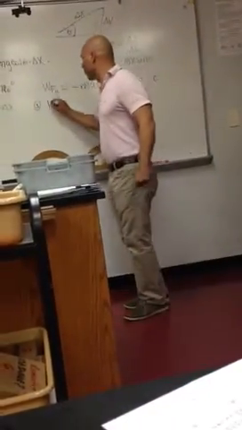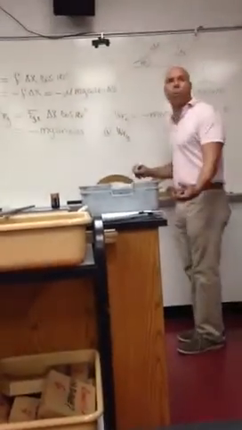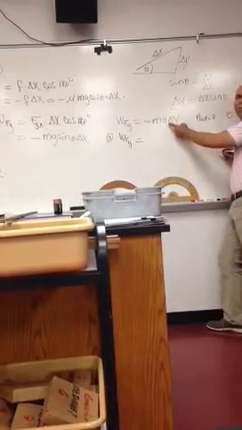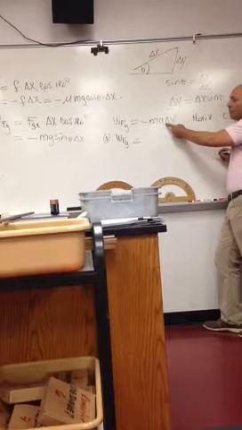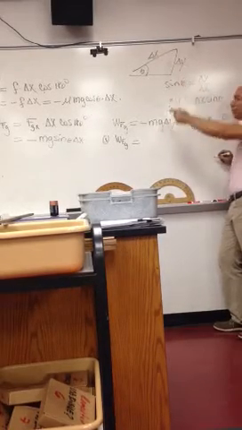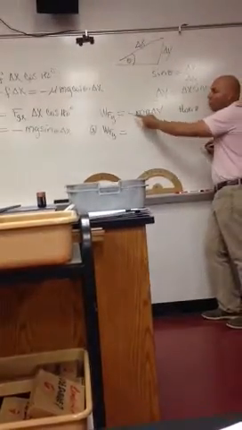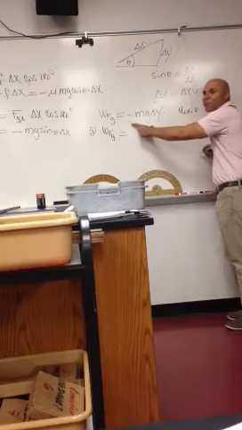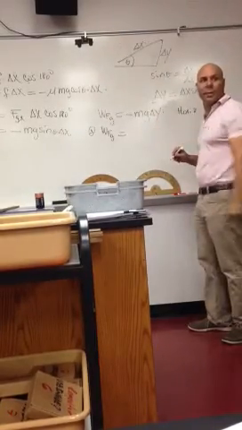Second situation, we are going vertically upward. This delta y, if it's vertically upward, will be positive or negative? Going up, delta y. Positive, right? So if this is positive, what will be the work done by the gravity? Negative or positive? Going up, negative.